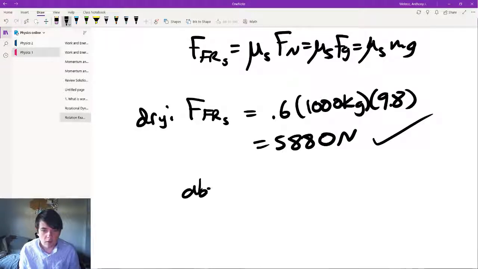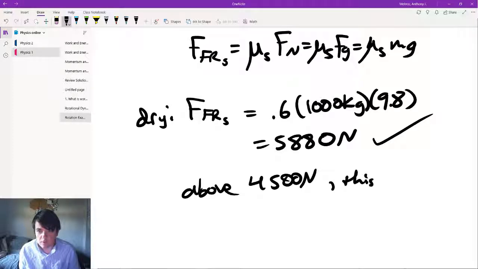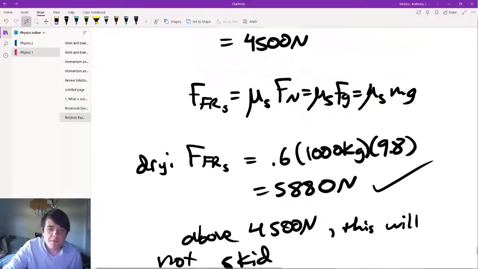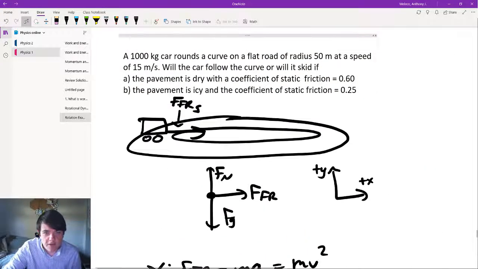Check, above 4,500 newtons. This will not skid.